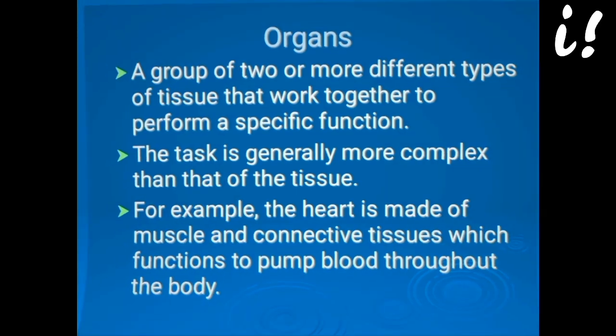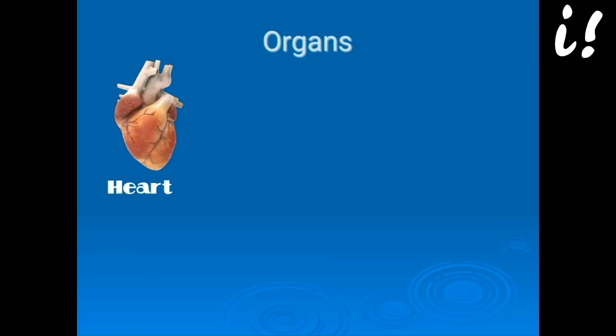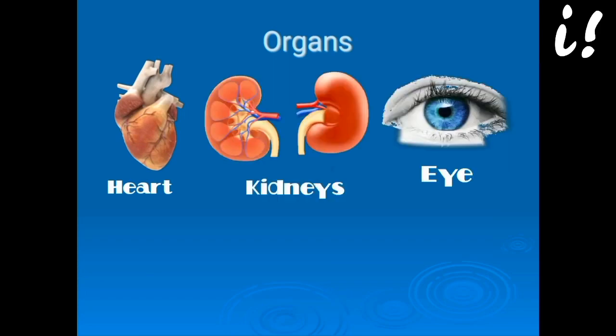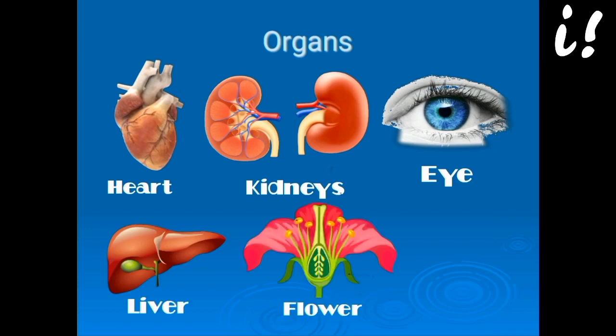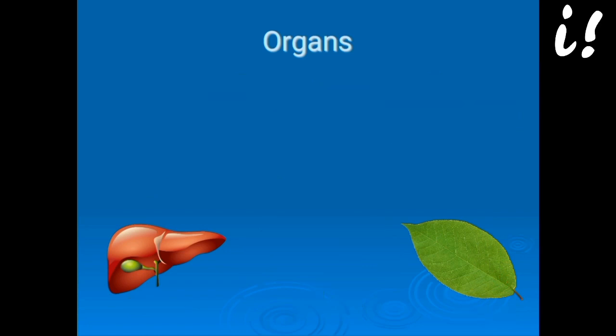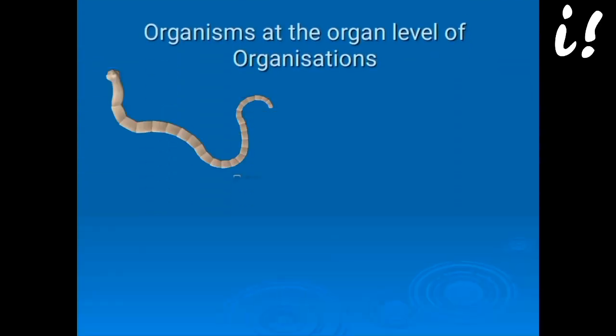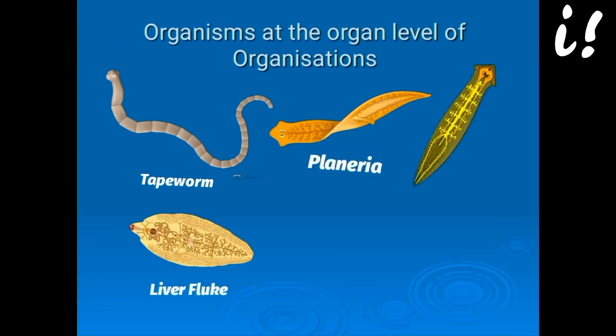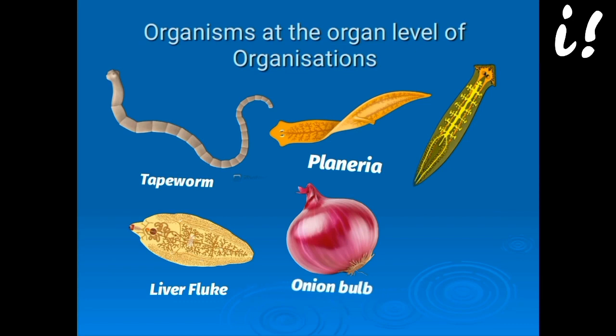Examples of organs include the heart, the kidney, the eyes, the liver, the flower of plants, and the leaves of plants are also organs. They contain tissues working together.